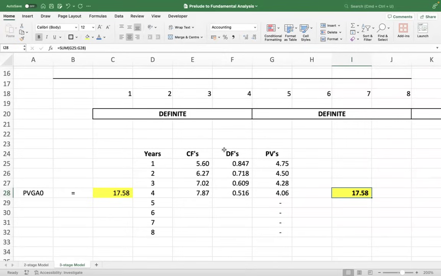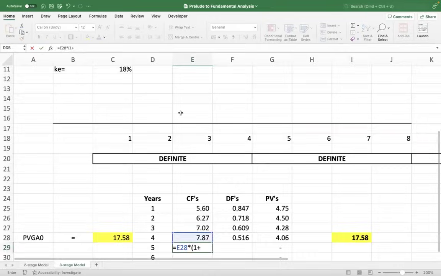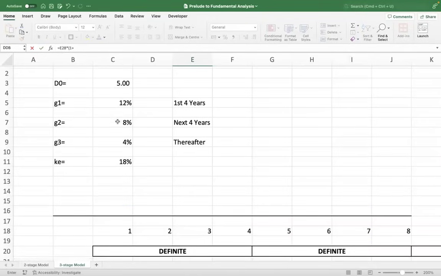Now we will do it for the second phase, which lasts between year 5 to year 8. Again, since it is a definite time frame, we will use the present value of the growing annuity. So we will do the second phase now. In the second phase, the dividends are expected to grow at what rate? 8%.